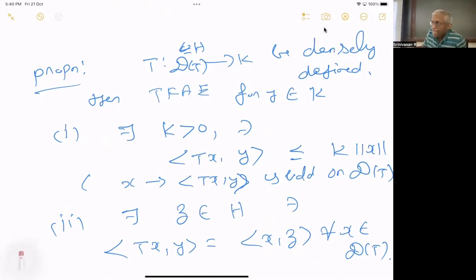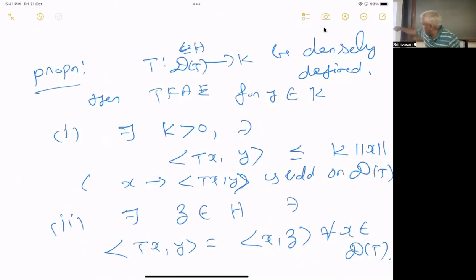Proof is clear. How many of you find the proof clear? Immediate. It is just the Riesz lemma. The first one says you have an operator T defined on the domain of T to K, and D of T is dense. It is densely defined.